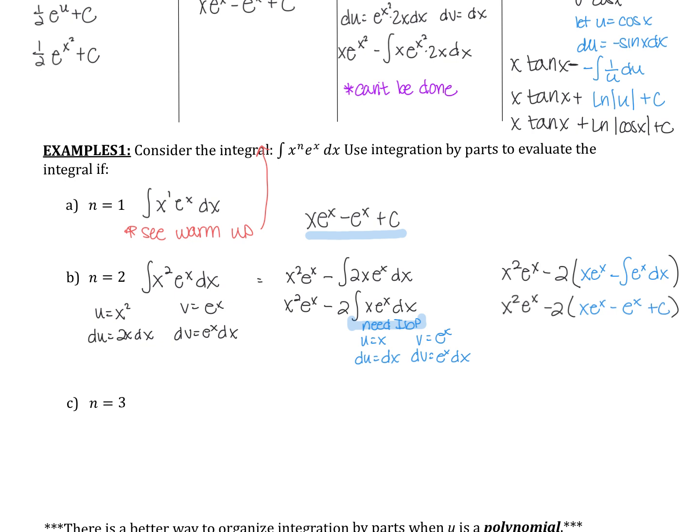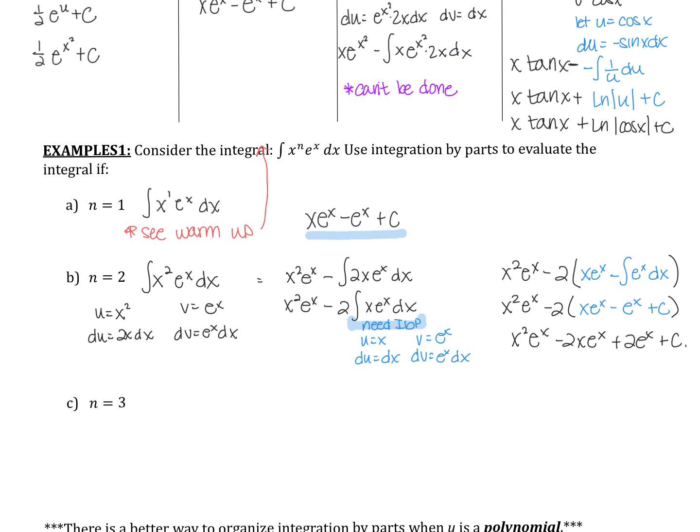But what happens is when I distribute that negative 2, we get x squared e to the x minus 2x e to the x plus 2 e to the x plus another constant. Negative 2 times c is still a constant. I'm going to go ahead and put it as c. Probably it would be better to write it as c sub 1, so you delineate between the two different constants, but for all intents and purposes, c is just fine.